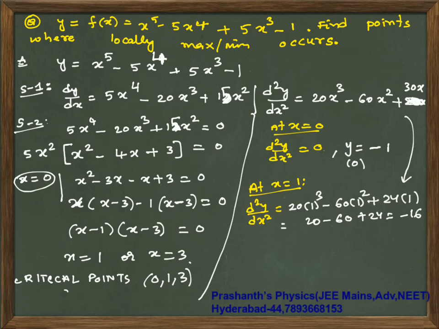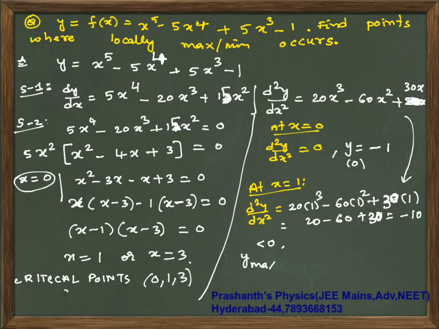So this will become 30. So your simplified factor is 50 minus 60, which is minus 10. So the second derivative is less than 0.